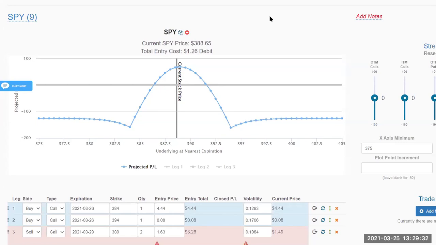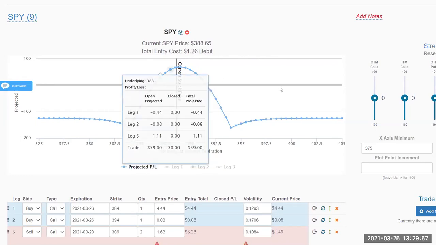A long 384, long 394, and then the 2 shorts split the 2 longs, and that normally creates this big bubble, and we normally do it at a small credit. Every now and again, you can still do it at a small debit, but then you create a little bit of risk to the downside and a little bit of risk to the upside.